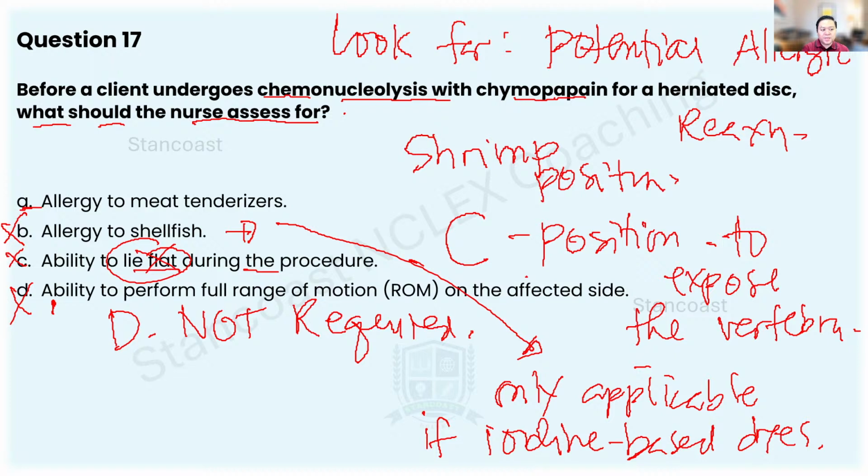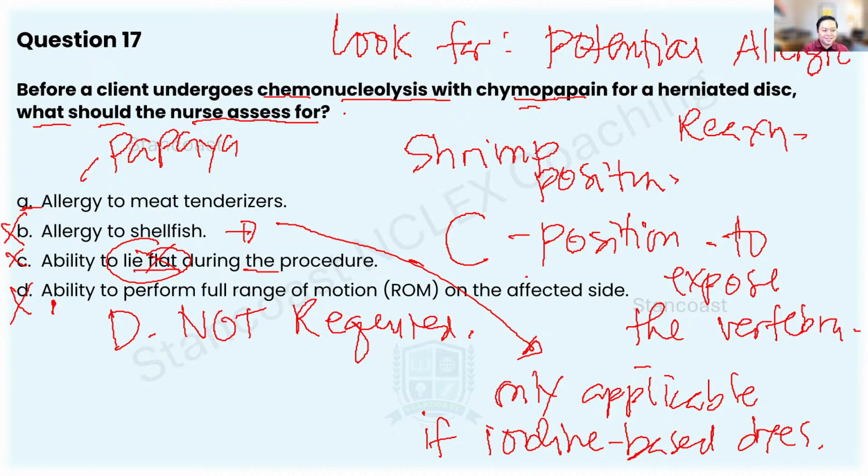But we will be assessing the patient's allergy to the meat tenderizer, which is basically the chymopapain. This is a derivative from the papaya. Chymopapain is an ingredient in meat tenderizers, and an allergy to this substance can contraindicate the procedure due to the risk of allergic reaction.